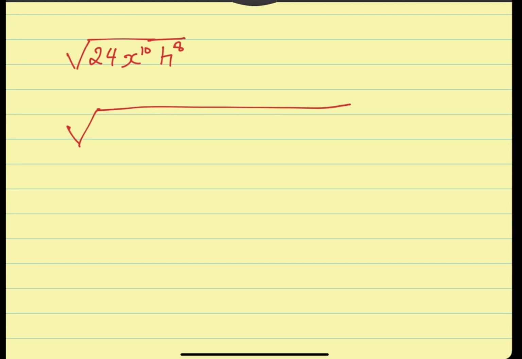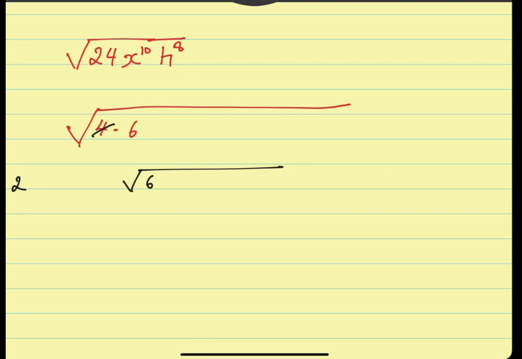It's 4 times 6. 12 is not a perfect square. We can't use 12 and 2. So 4 goes out as what? 2. And the 6 stays.